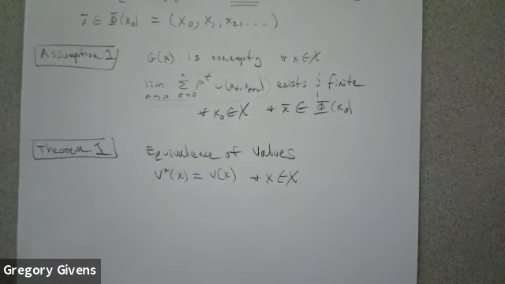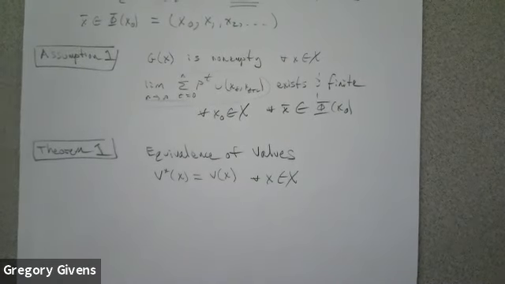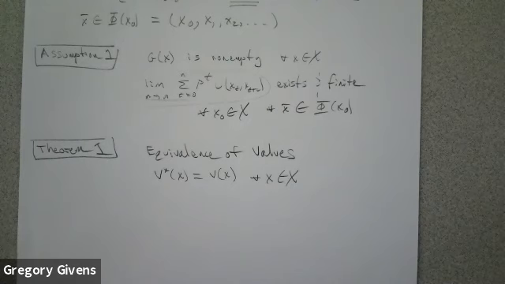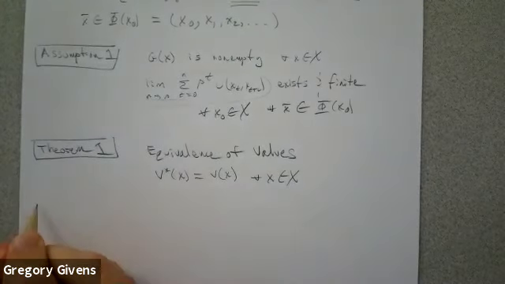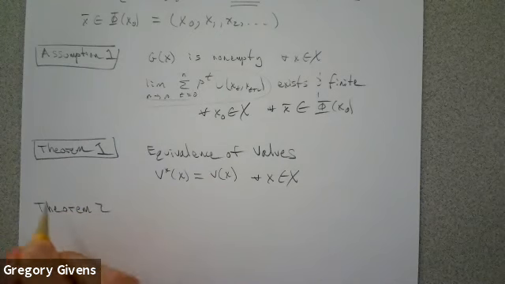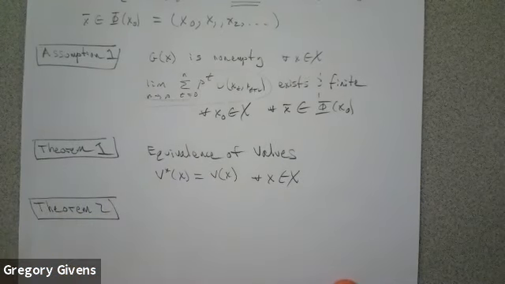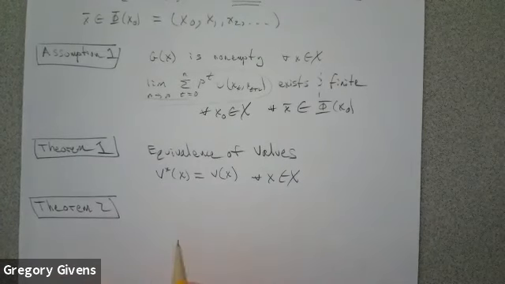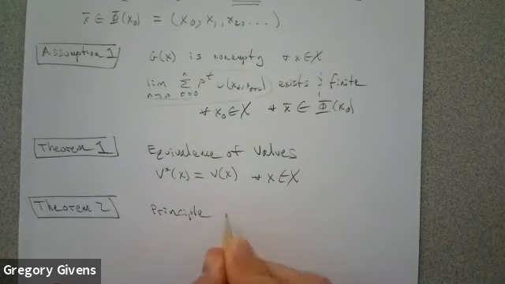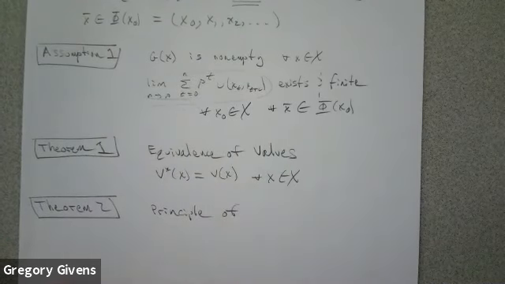Theorem 2 establishes more or less the equivalence of the solutions, or the optimal plans, to each of those two problems. Theorem 2 also only requires that assumption 1 hold. You don't need anything else. Theorem 2 is what your textbook author calls the Principle of Optimality.